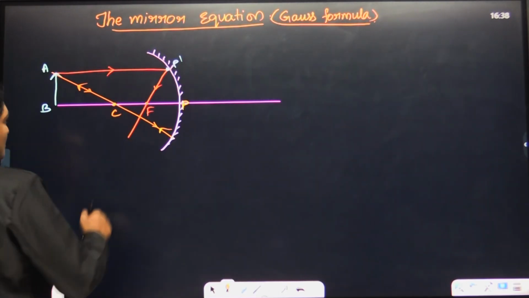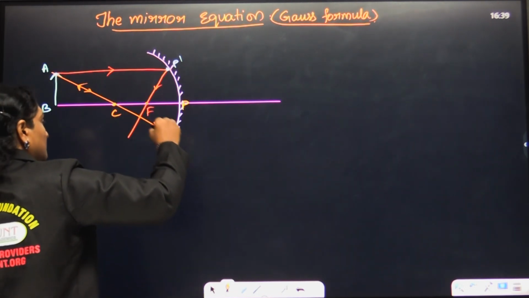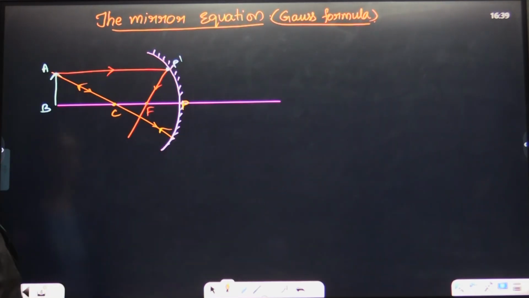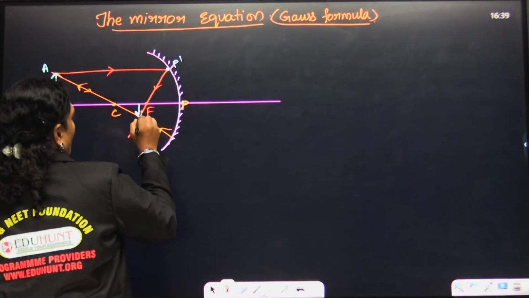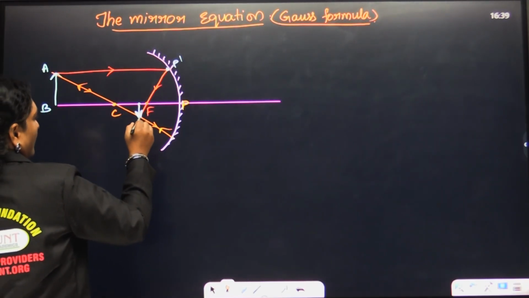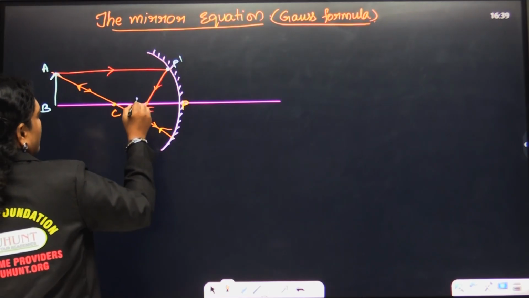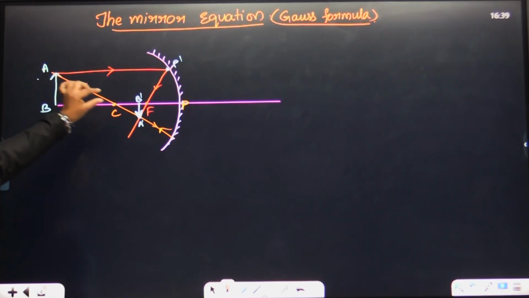The point at which the parallel beam of light rays after reflection and the light ray passing through the center of curvature meet is where the image of the object is observed. Let us name this image A dash, B dash. Let AB be the object at some distance U, and A dash, B dash be the image of the given object.